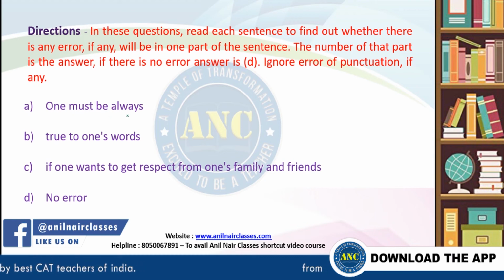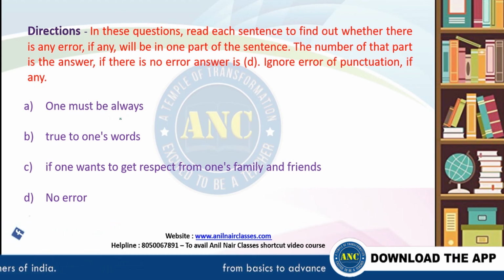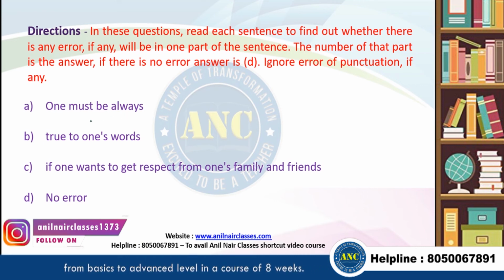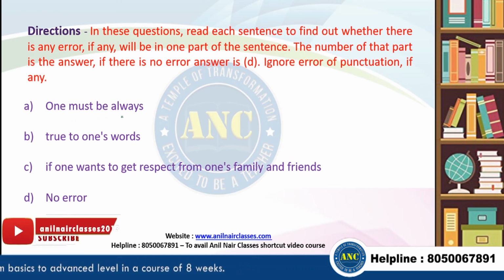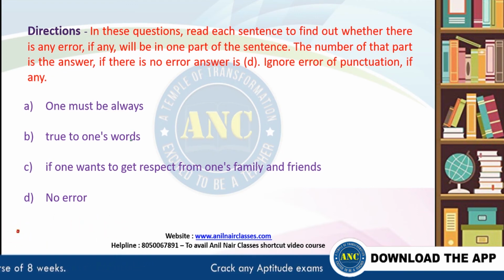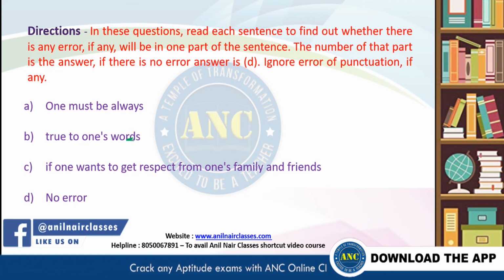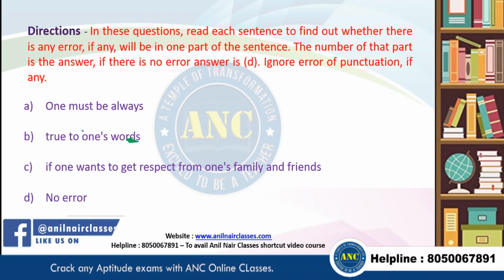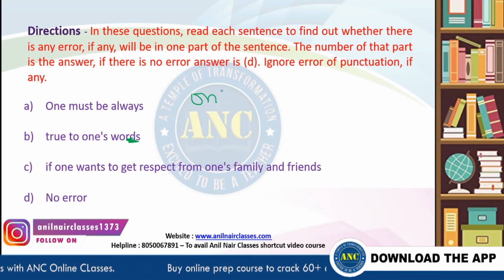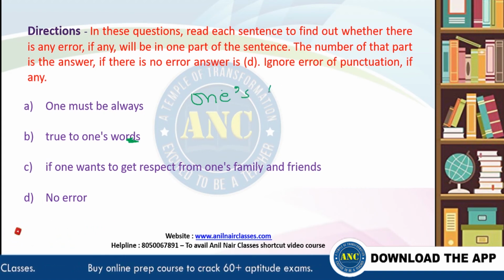One must always be what? One must always be true to one's words. This is again the phrase mistake. So one must always be true to one's word. There is a phrase like one's word.